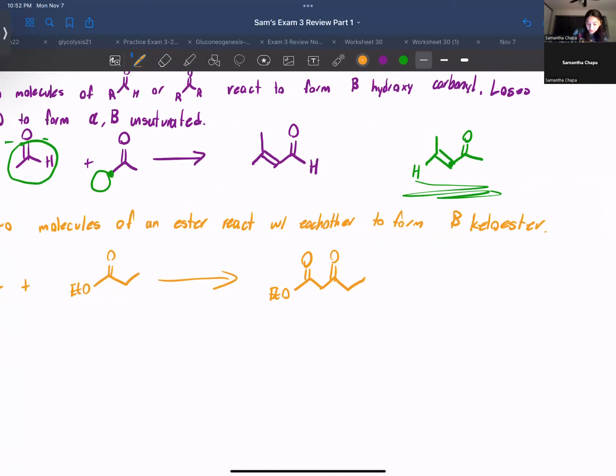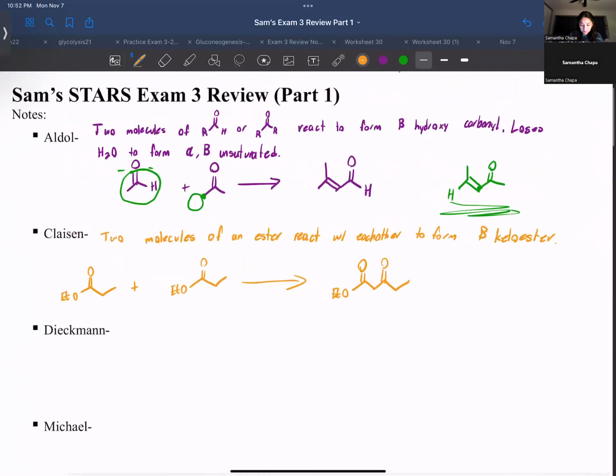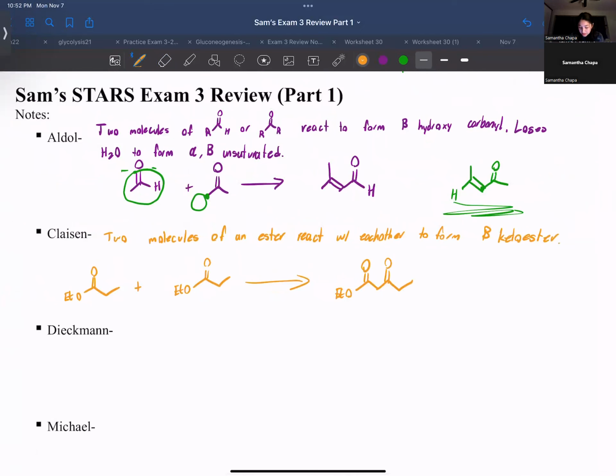Okay, so let's say I'm looking at this part right here. This is my keto part. This is the alpha, this is the beta. At the beta position, I have a beta keto ester. So that's how I would explain that. Two molecules of an ester react with each other to form a beta keto ester, and that's what your product will be.